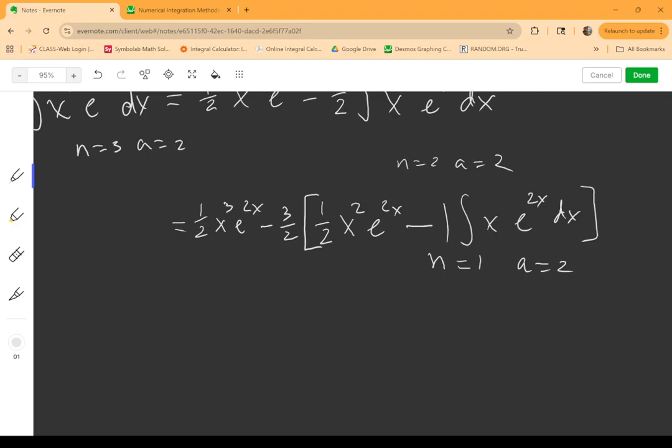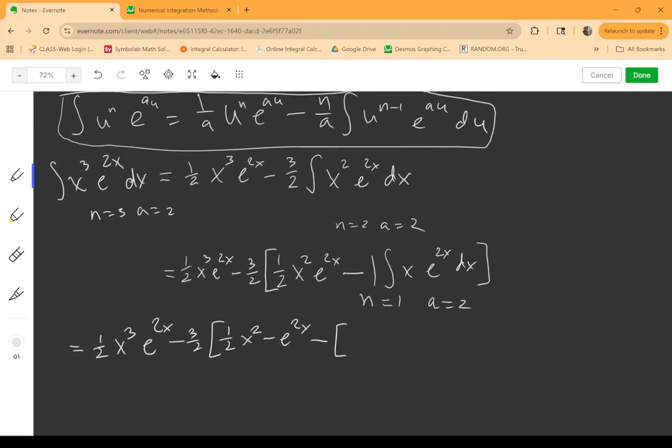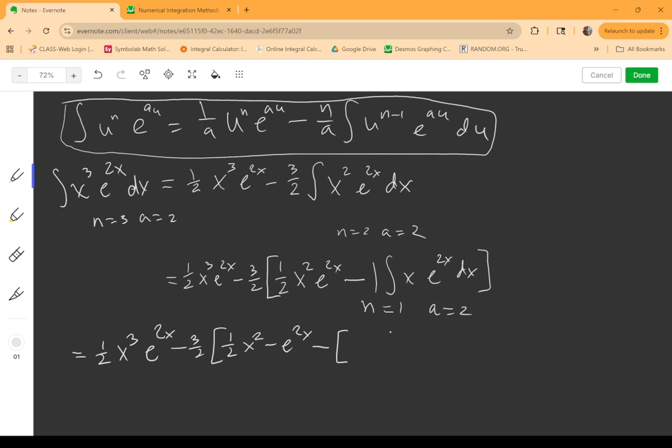I'm going to need more space here. So we get 1/2 x cubed e to the 2x minus 3/2 times the quantity 1/2 x squared e to the 2x minus, open another set of brackets here. n is 1, so going back to my formula, we just get 1/2 for the coefficient, u in this case x squared e to the 2x.